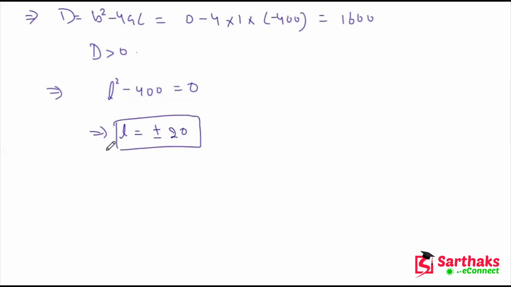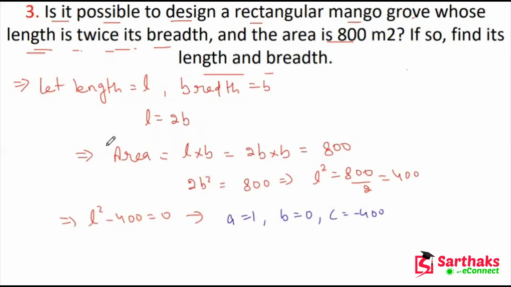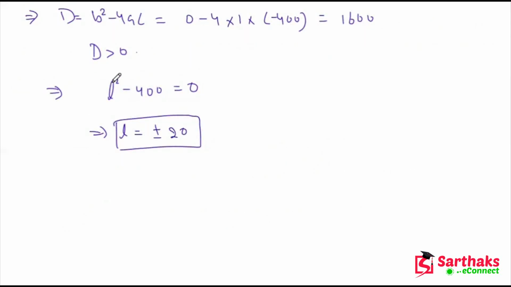As we know, the breadth cannot be negative, so we ignore the minus 20.